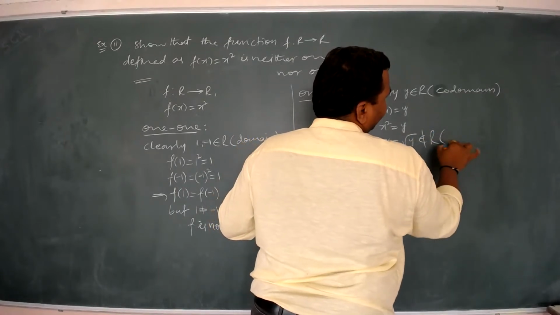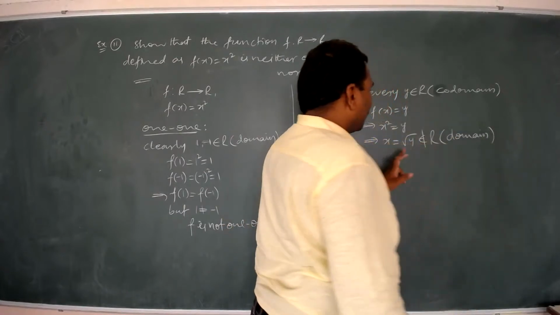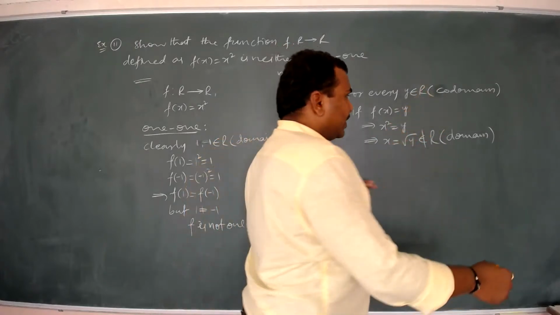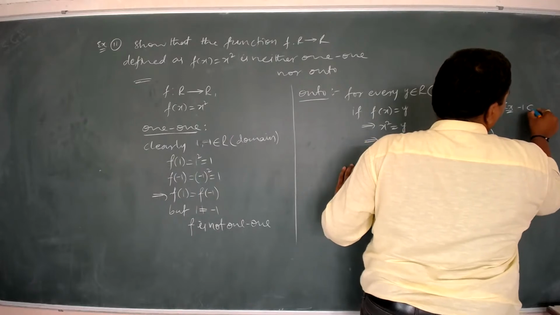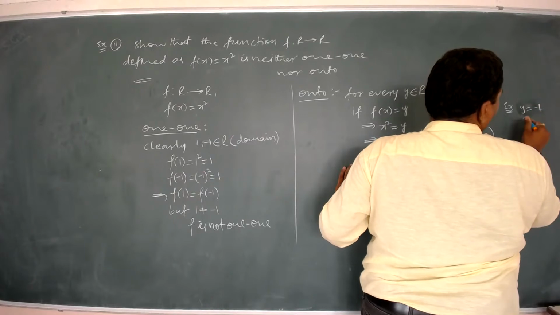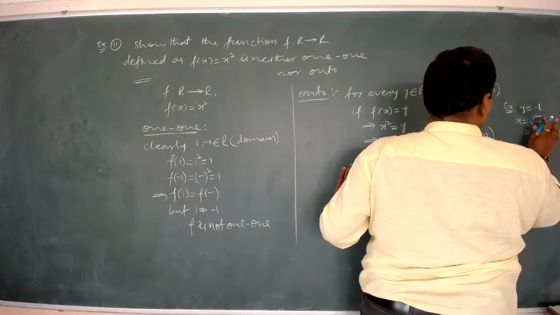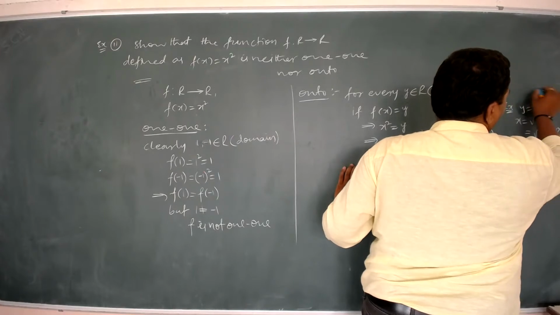No, it is not there in the domain. Why? Root y is not a real number for y belongs to R. I will give one example. Minus 1 belongs to R, y equals minus 1. So what is x? Root of minus y, so root of minus 1. It is not a real number.